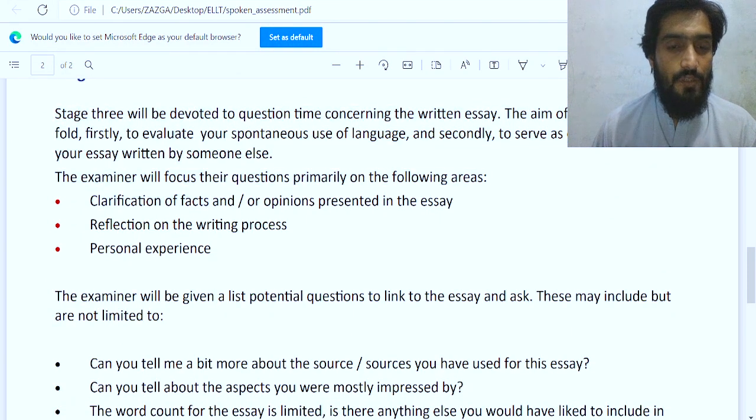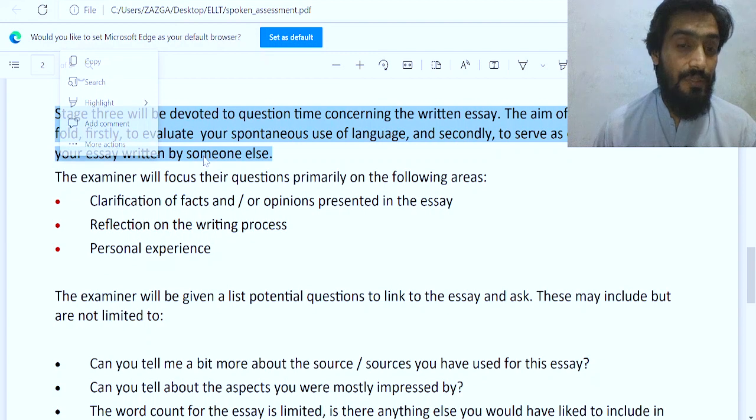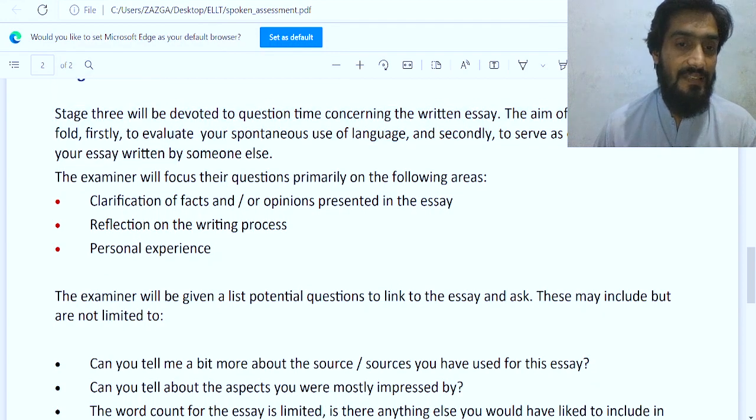Stage 3 will be devoted to question time concerning the written essay. The aim of this stage is twofold. Firstly, to evaluate your spontaneous use of language, and secondly, to serve as a deterrent to having your essay written by someone else. Here, they will find out whether you are the sole author of this essay or you might have gotten help from someone else while writing it.